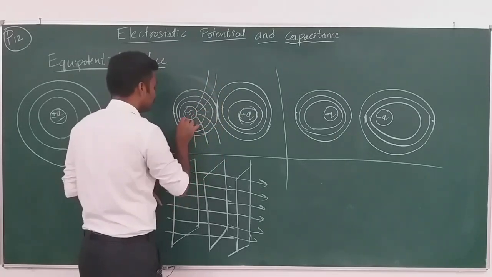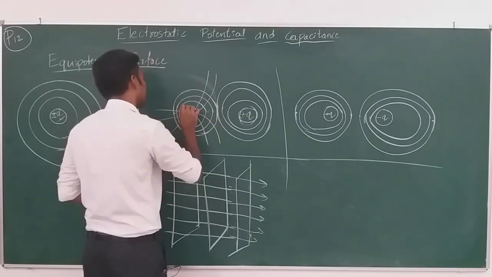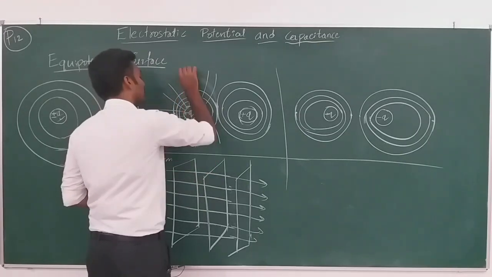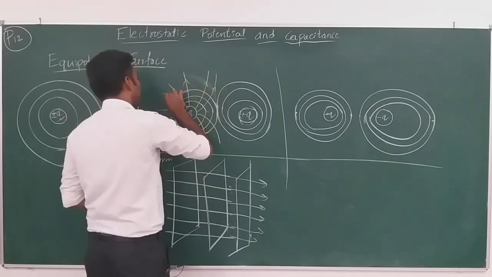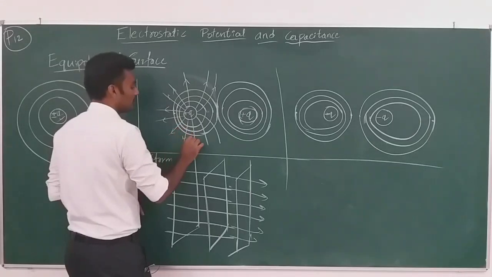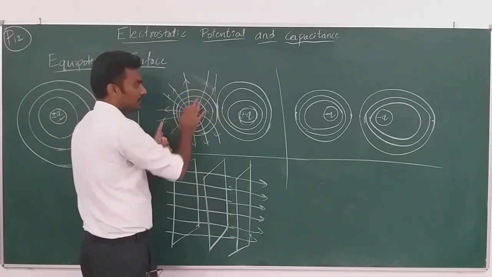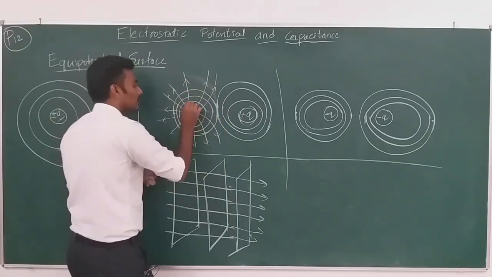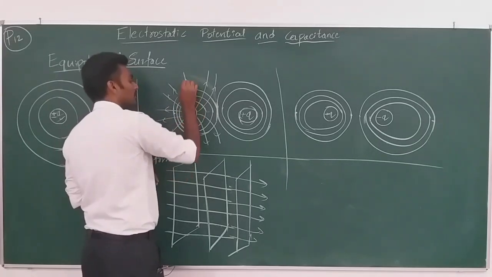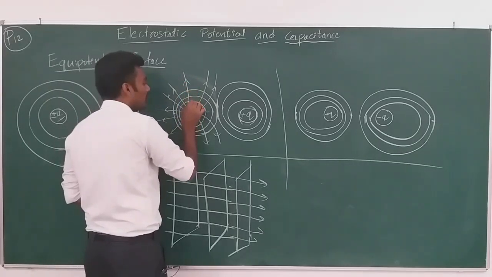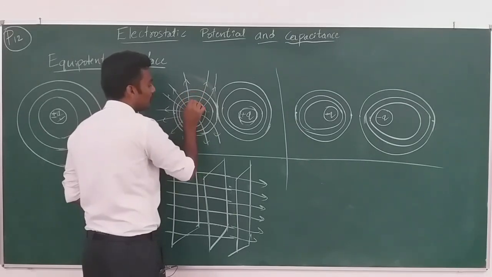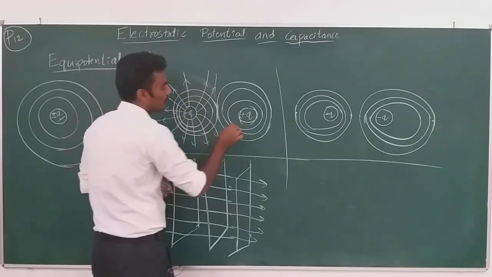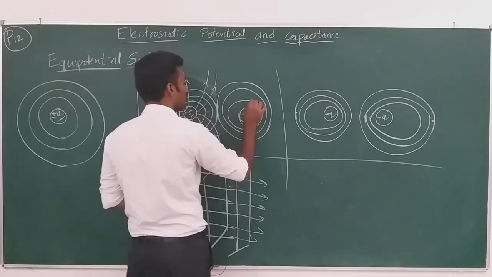And you can see that at all the points where the electric field lines meet the equipotential surface, they are normal to each other. I mean, the field line is normal to the surface. Even with this, it's the same way.